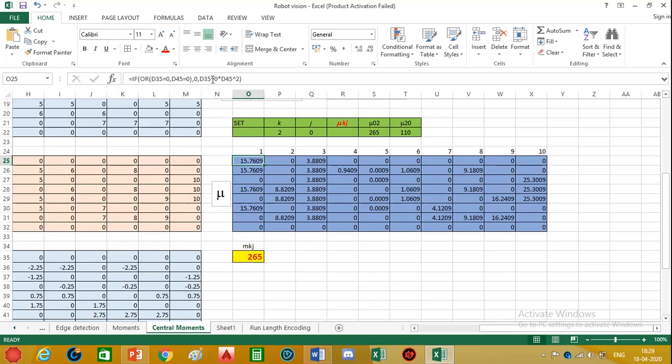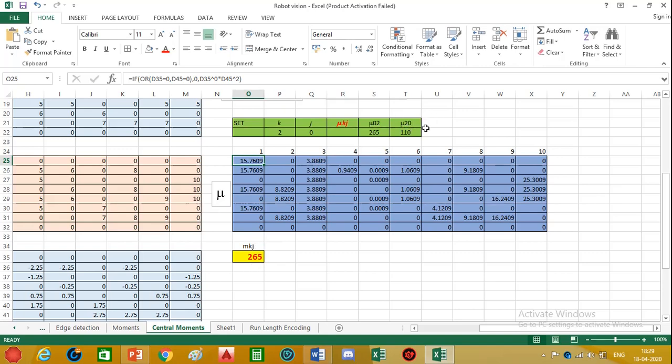So here we set k is equal to 0 and j is equal to 2, so as to obtain mu02, and the sum of all the elements of this particular matrix mu gives you the value of mu02, which is 265.